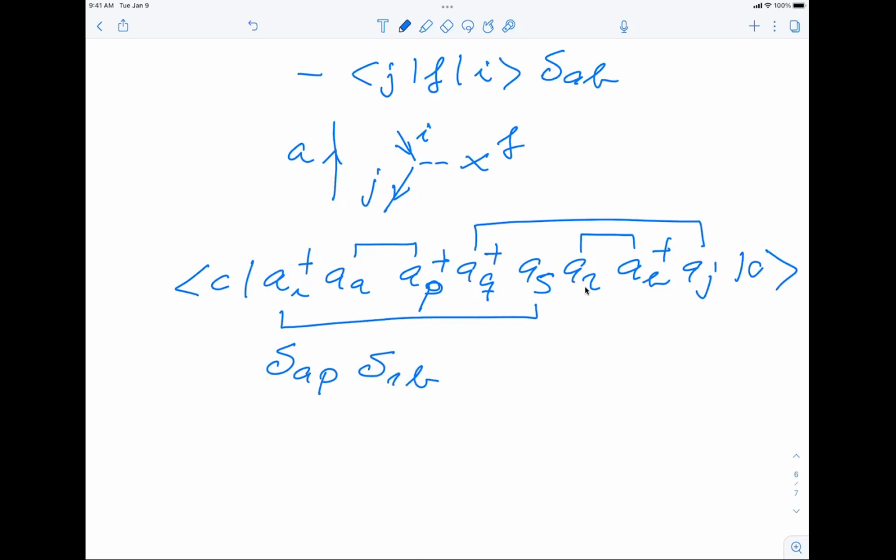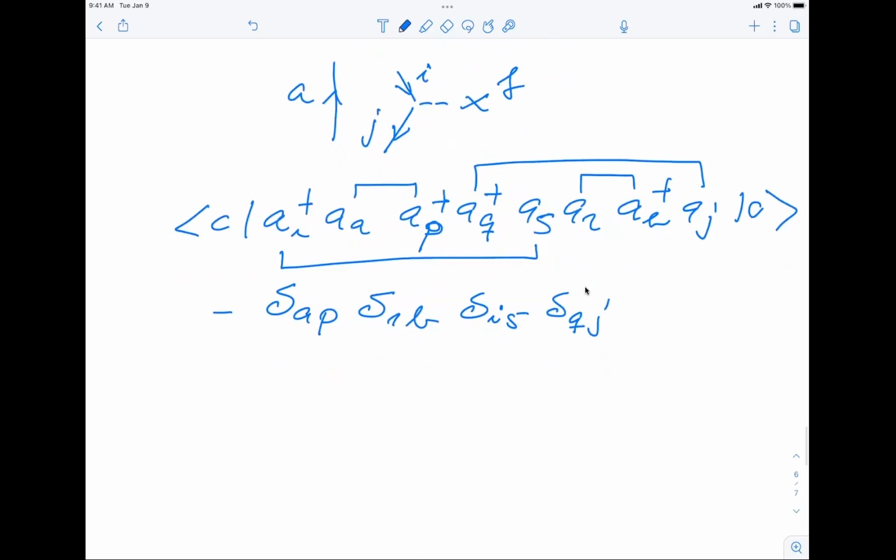Now we have to be a little bit careful because we need to swap operators. So when we take AI with S, delta AIS, we actually need to swap AI with AQ. So that's going to give rise to a minus sign here. So we're getting a minus, and then we have the final one, which is delta of Q and J.